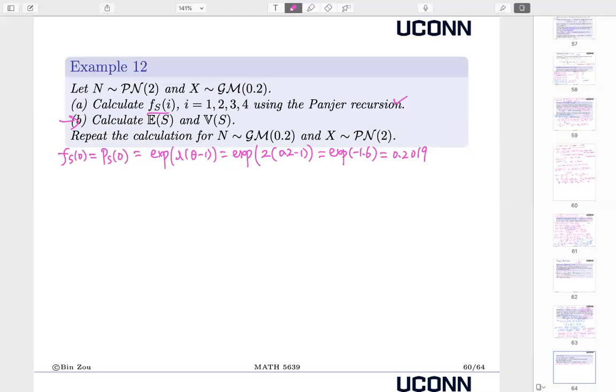Now I need to apply Panjer's recursive formula. If you forget, you can go back to the formula to take a look. I first copy the general formula: a times f_X(0), plus the summation from x equals 1 to s of (a plus bx over s) times f_X(x) times f_S(s minus x).